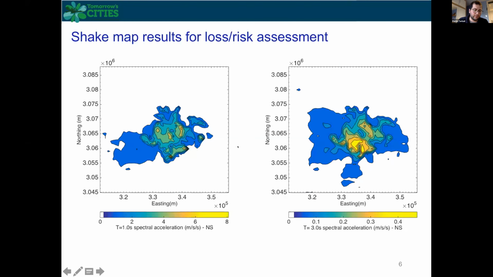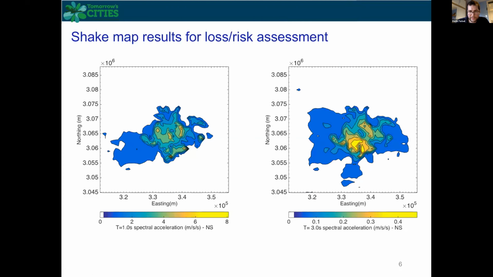And my intention to put this output here is to indicate the idea that these types of modeling will produce the ground motion animations that you saw, and also the ground motion spatial maps that you are seeing here, in order to be used for the loss assessment.